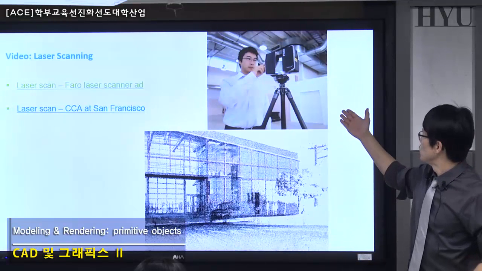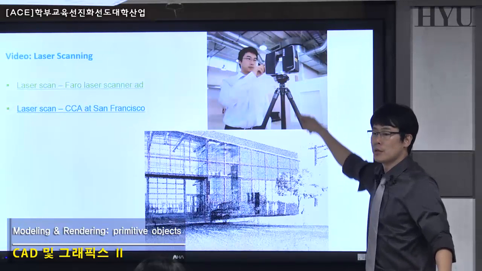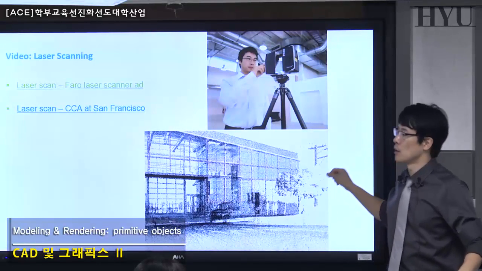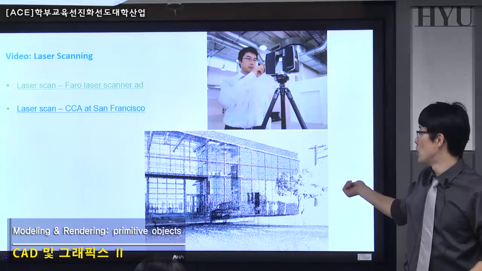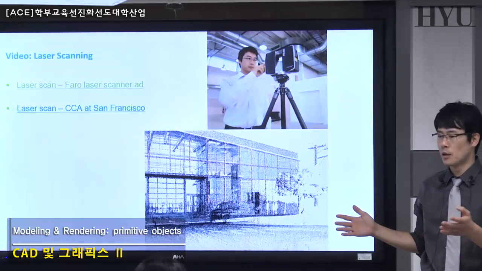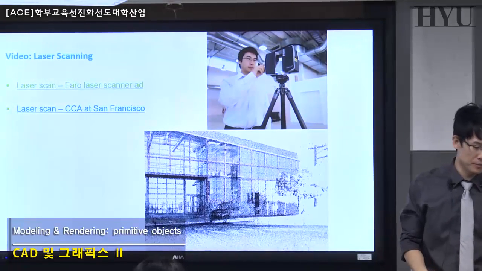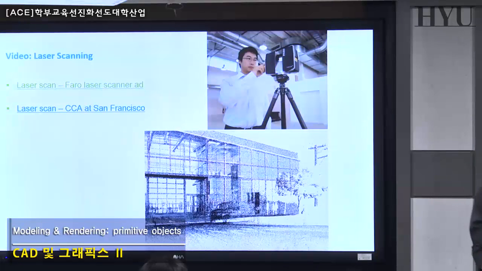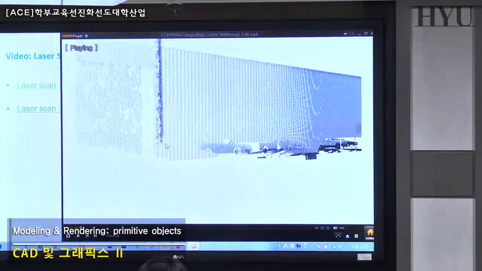So what if this is standing alone, a fixed scanner? What if you are handling this one by walking, or even in movable vehicles? This example shows you an actual video of a point cloud.